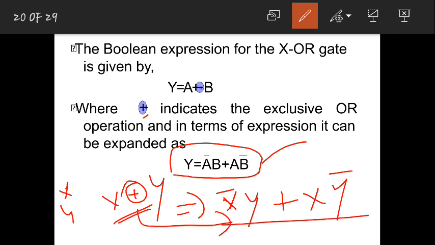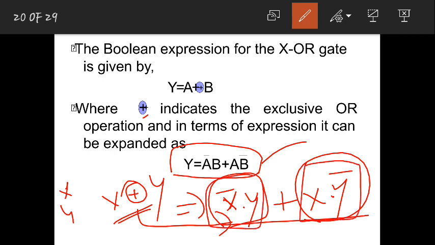Whenever you expand it, just substitute the values in these terms and you will get the answer. Between these terms you have the AND operation. This dot is nothing but your AND operation, this is your OR operation, and this bar is your NOT operation, the complement.